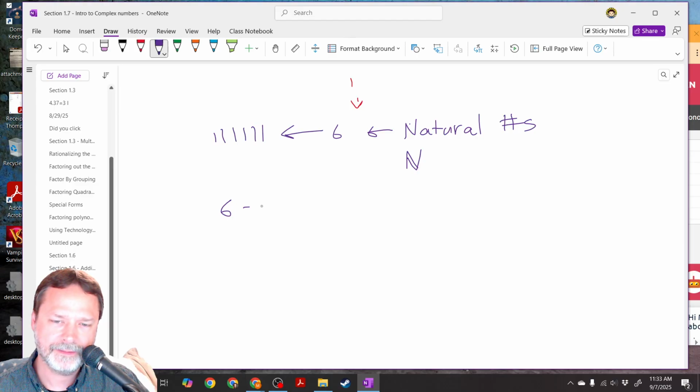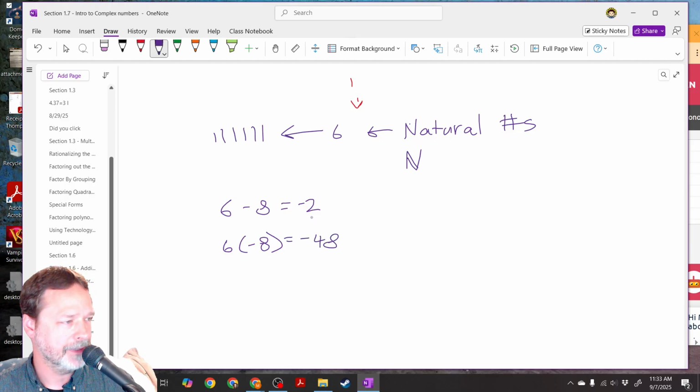It was like, well, what's 6 minus 8? We need some other numbers. So we got our negative numbers. That's negative 2. And then we had multiplication. Okay, that works. We can go 6 times negative 8. We can get negative 48 now. So we've got multiplication, addition, subtraction. What about division?